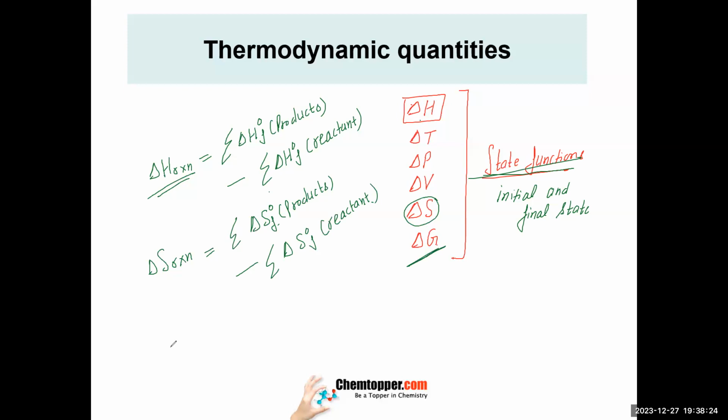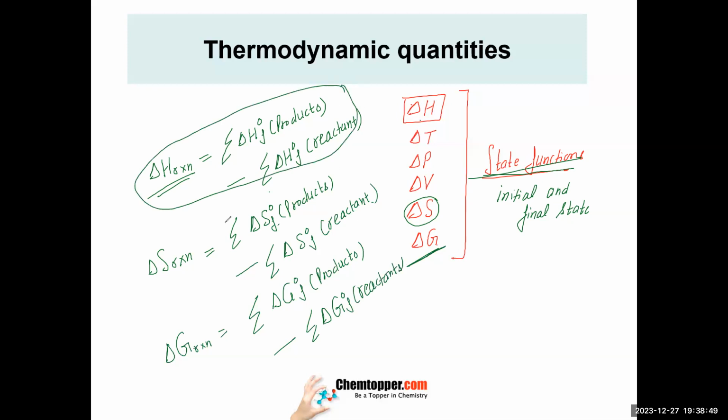Same equation for delta G. Delta G reaction is also the summation of delta G naught formation of the products minus summation of delta G naught formation of the reactants. We did questions based on this earlier in unit 6. Today you are going to do questions based on this in this unit.